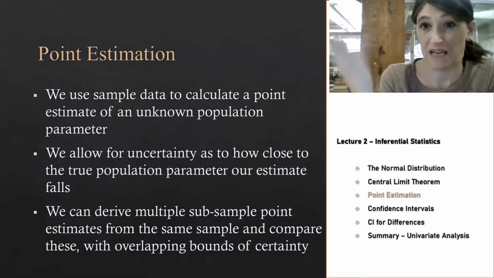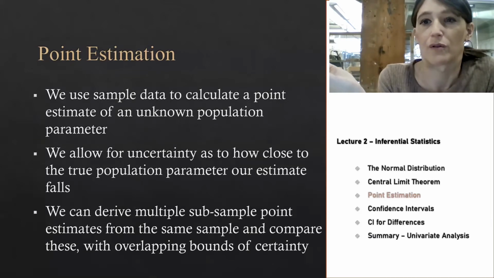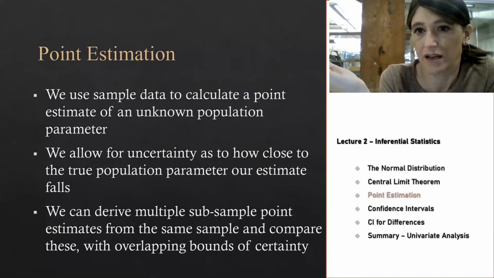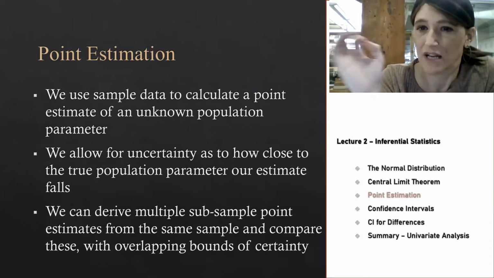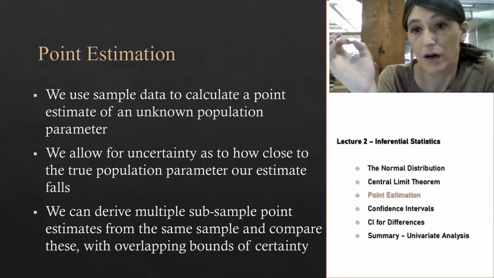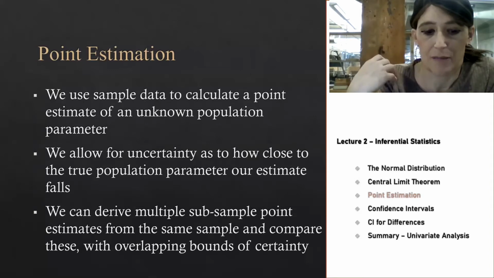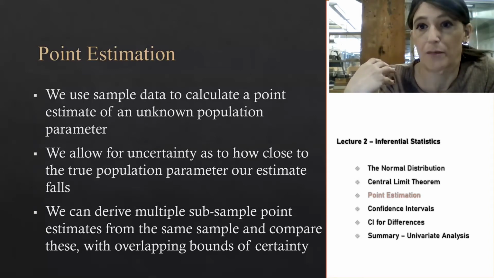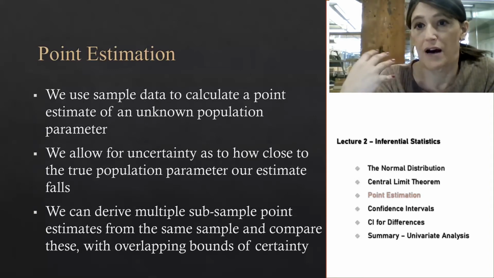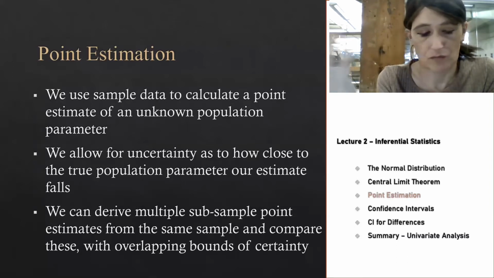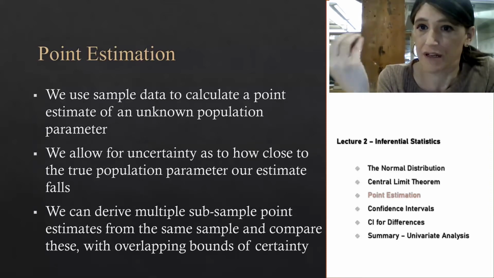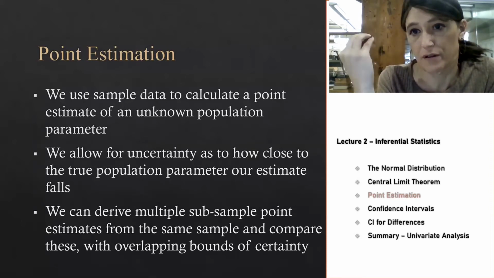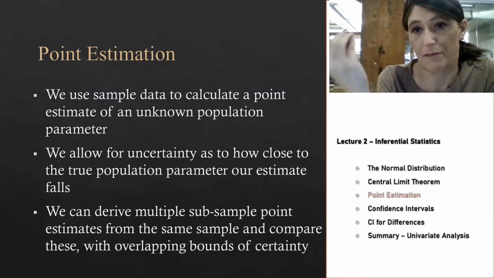I might have some guesses based on my own experience in a specific clinic, but I want to know on average across the United States, what is the average age of somebody who presents with concussion? Well, the way I would go about this is I might obtain data from a random sample of hospitals across the country, and have a large enough sample size that I could get a pretty good guess as to what the typical or average age is in the population.